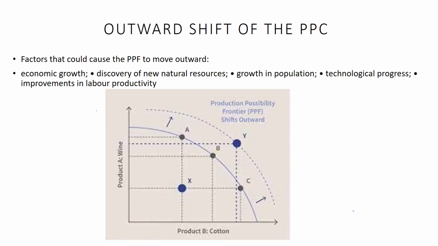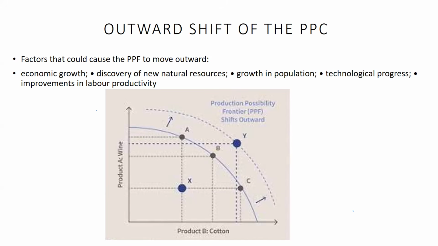Less means inwards or to the left. Get that in your mind for the rest of your economics life. More is outwards, less is inwards. Any curve. So anything that's allowing you to produce more goods and services would push the curve outwards.